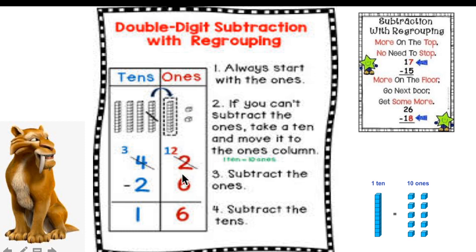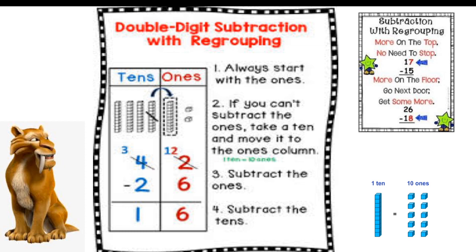You're starting with the ones place. 2 take away 6. Can you do that? Can you put your 2 fingers up and take 6 down? No, because 2 is a very small number. We cannot take away 6 from 2.